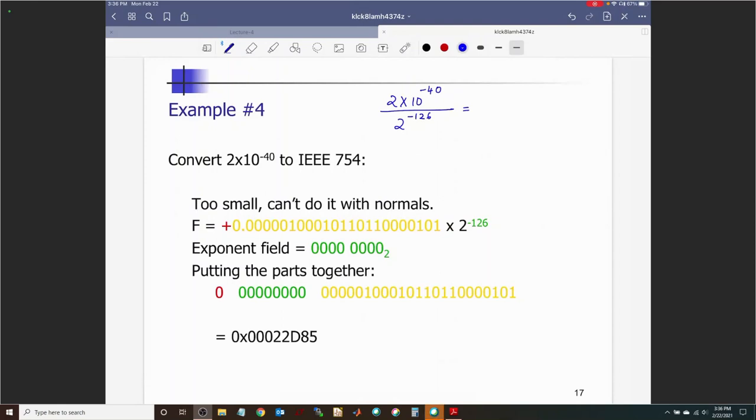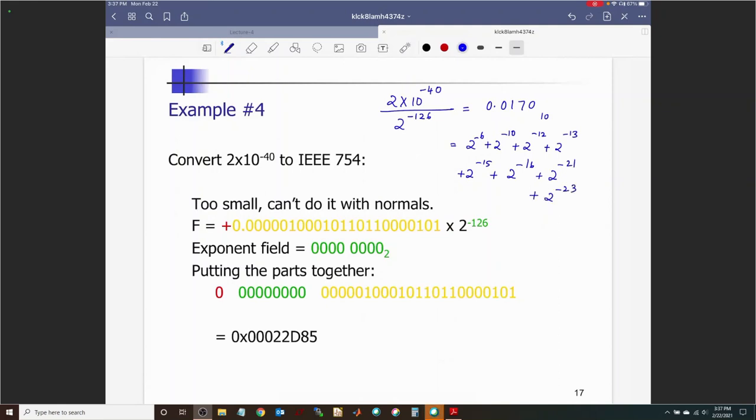When I do that division, you will see that this evaluates to 0.0170 in decimal. If you wanted to convert that to binary, you would get 2 raised to negative 6, 2 raised to negative 10, 2 raised to negative 12, 2 raised to negative 13, 2 raised to negative 15, 2 raised to negative 16, 2 raised to negative 21, 2 raised to negative 23.